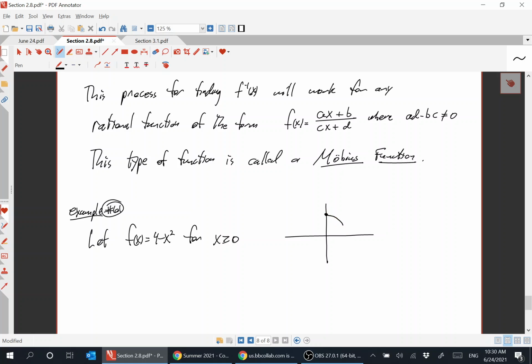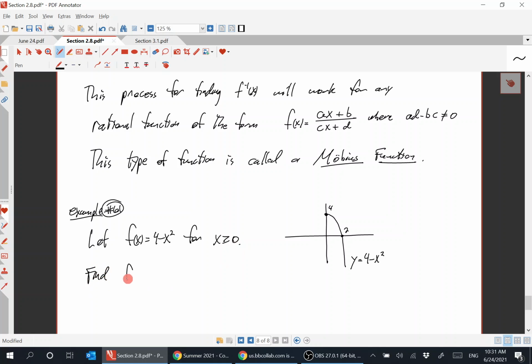So again, it's a parabola that looks like that. This is 4, and this is 2. Well, actually, it's not a very good 4 and 2. That's better. So this is the function y equals 4 minus x squared for x bigger than 0, and as you can see, it's 1 to 1.